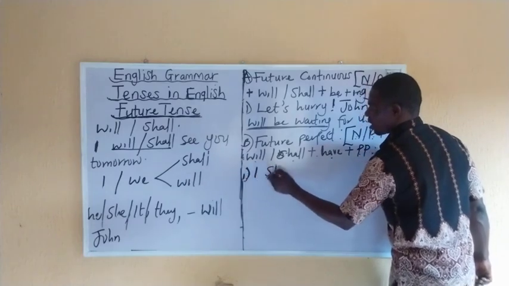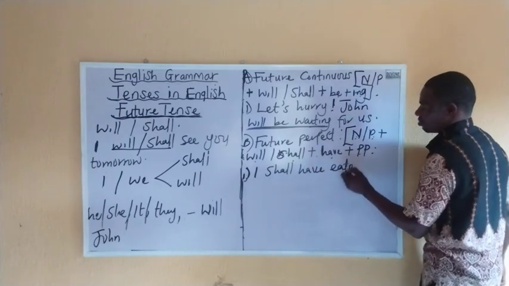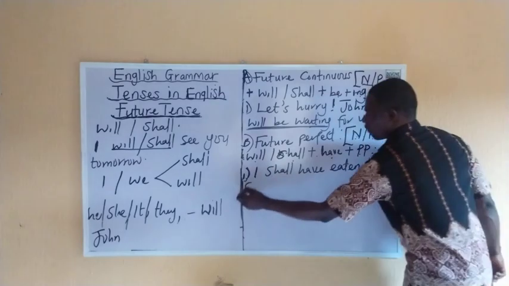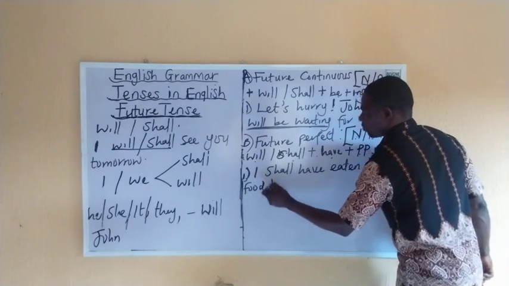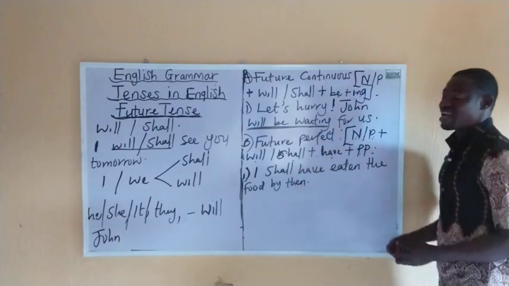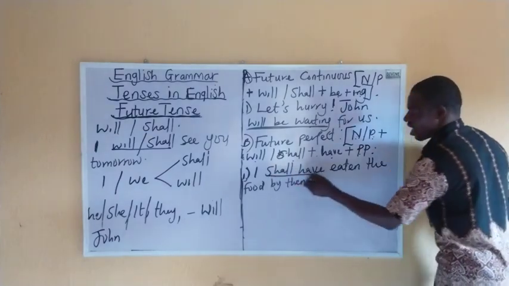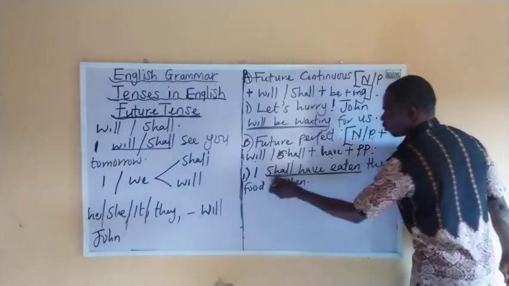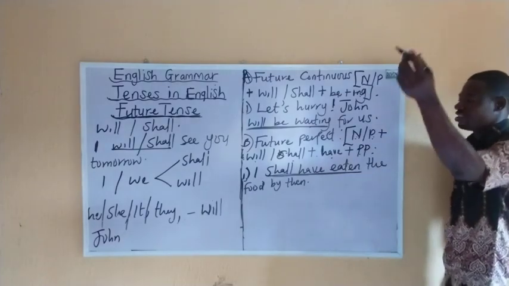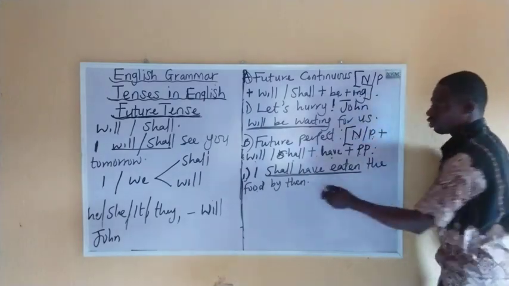I shall have eaten the food by then. This tells us that the action will be concluded in the future. Shall have eaten is used to show that the action will be concluded in the future. In other words, the action eat will be concluded in the future.